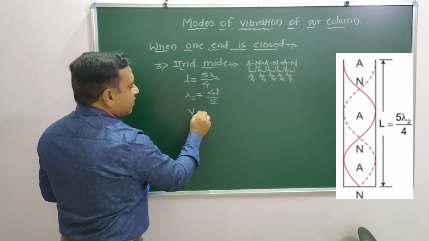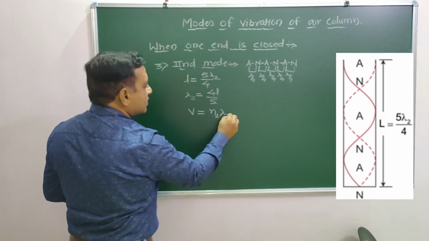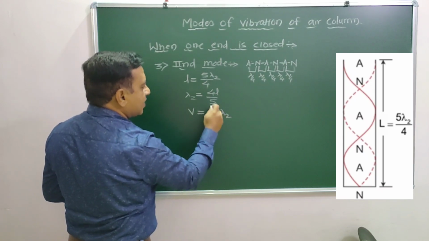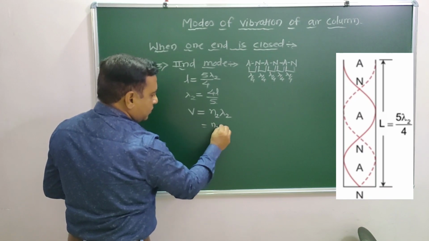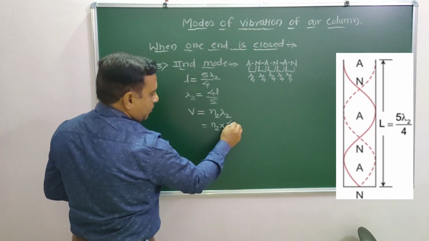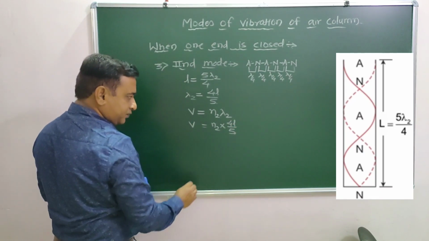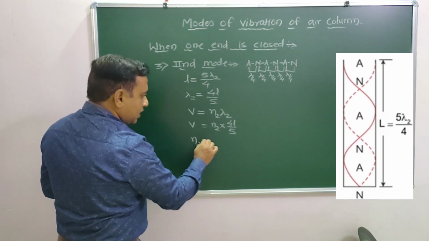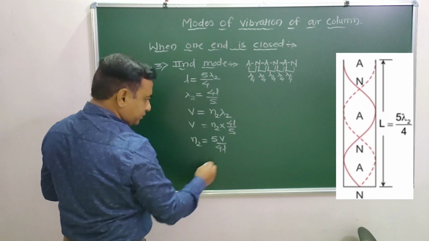We know the basic equation V is equal to N lambda. For the second mode, substituting the value of lambda 2, N2 into 4L upon 5 is V. So N2 is equal to 5V upon 4L.